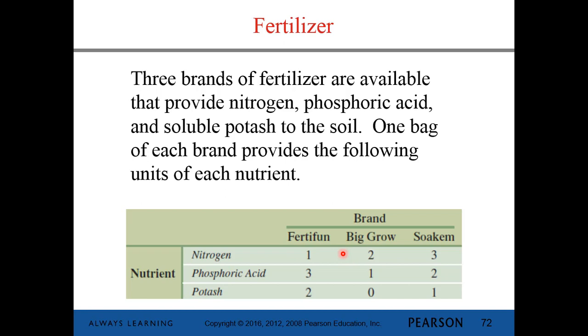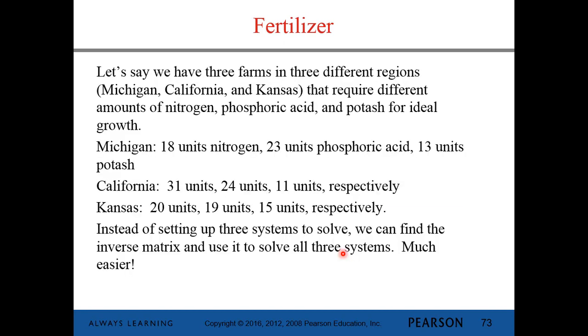Let's say we have 3 farms in 3 different regions, Michigan, California, and Kansas, that require different amounts of nitrogen, phosphoric acid, and potash for ideal growth. These are the different amounts of the nutrients needed on each farm in each area.